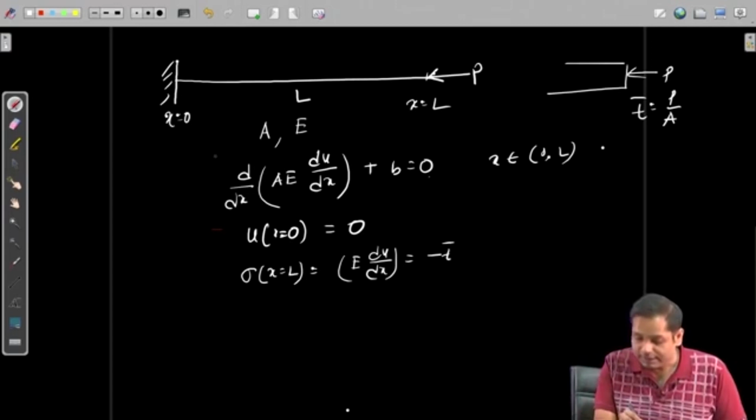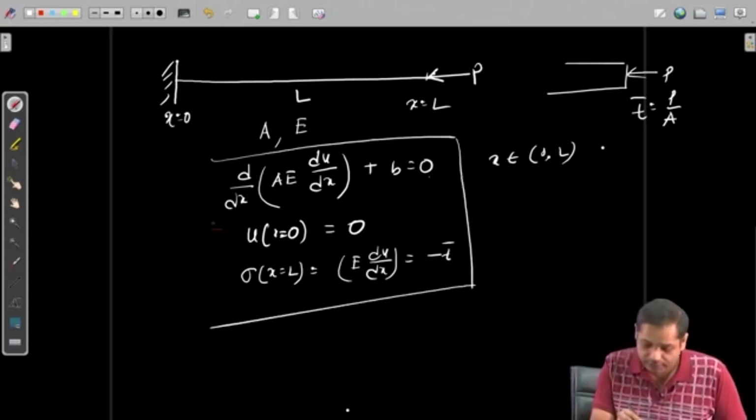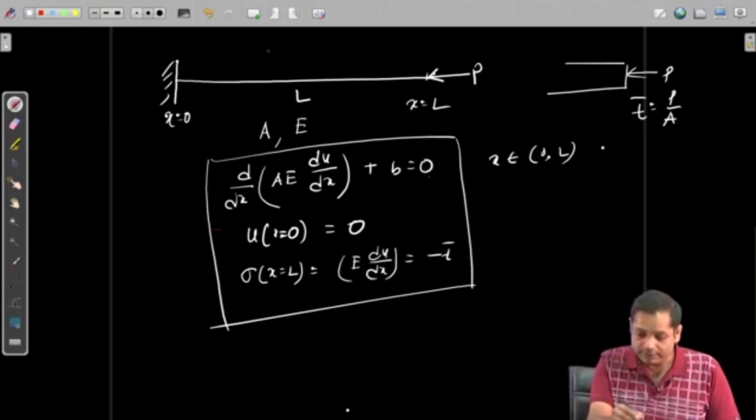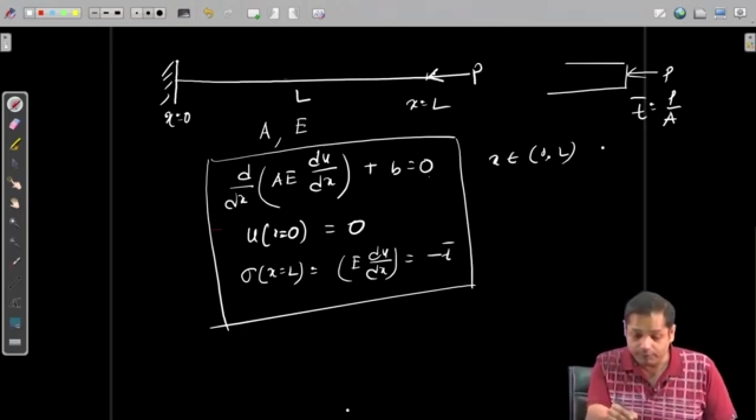So this gives the complete boundary value problem for this problem.